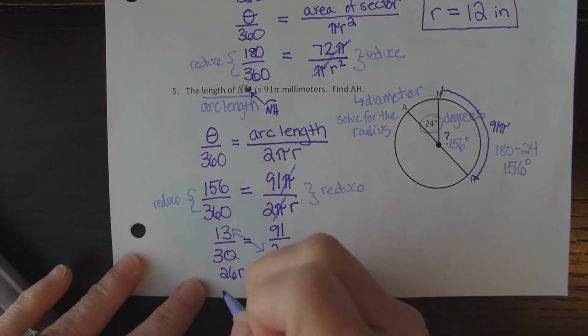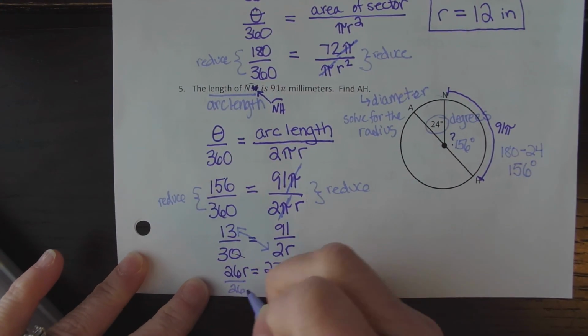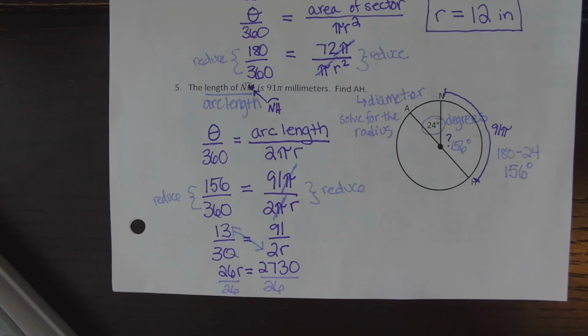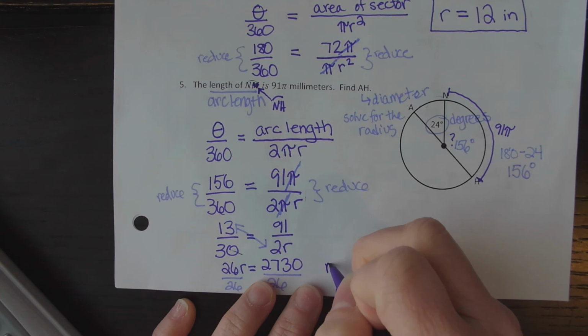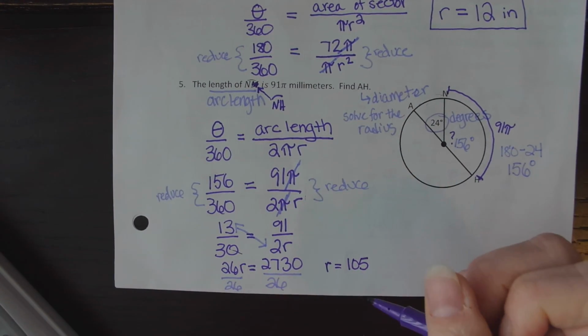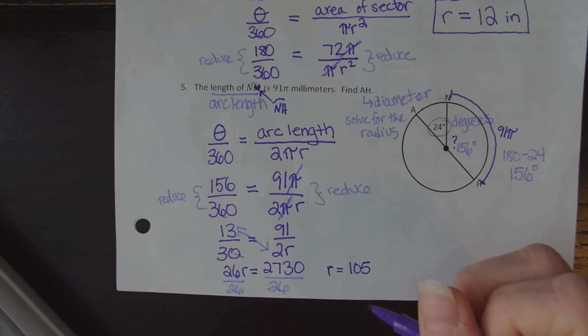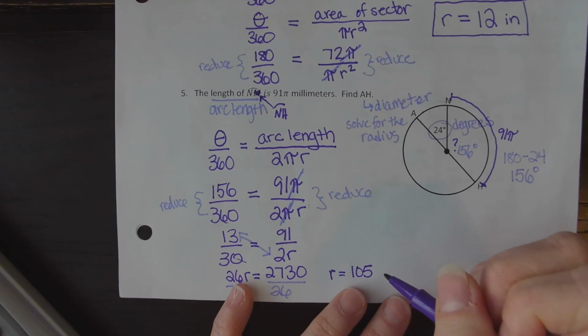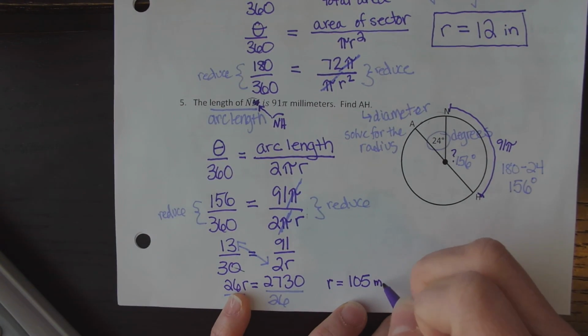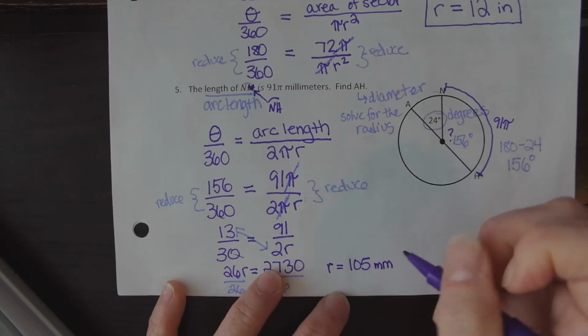Then I'm solving for r, so I'm going to divide both sides by 26, and I'm hoping 26 goes in evenly, and it does, and r is equal to 105. Now that seems like a degree measure, but remember we're solving for the radius, so what are the units? Well, we were in millimeters, so this is 105 millimeters.